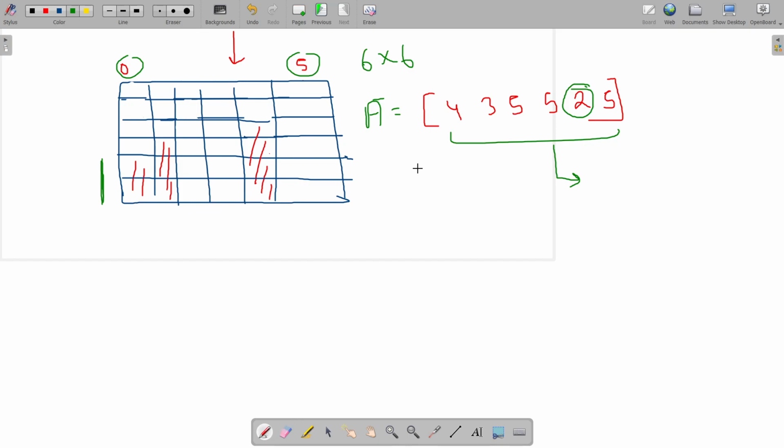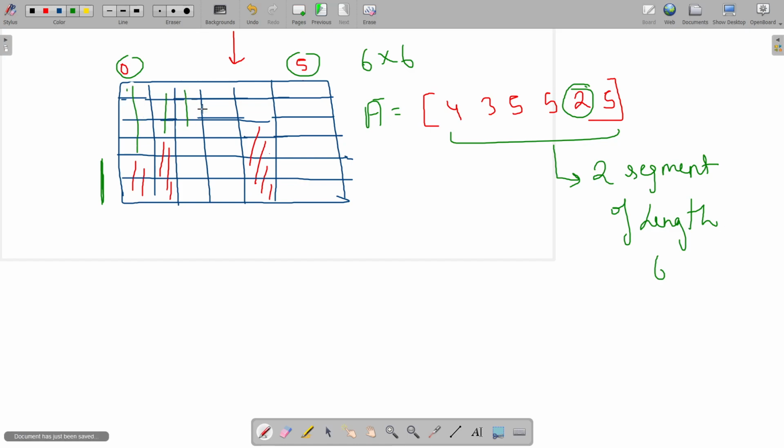So what that means is you can have exactly 2 segments of length 6, because all of these columns have at least 6 spaces empty, right? All of these columns have at least 2 spaces empty from the top.